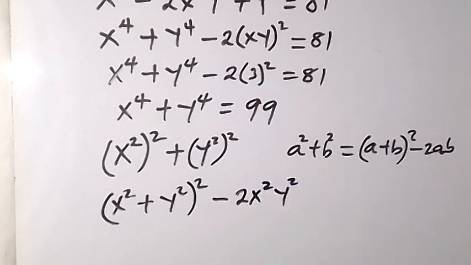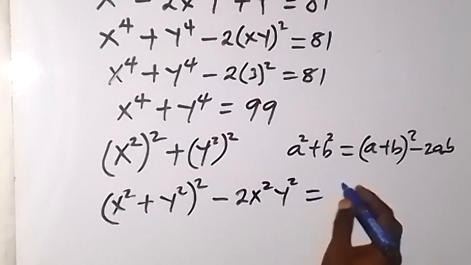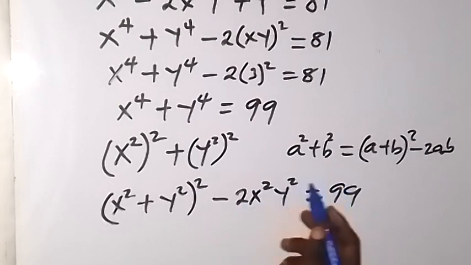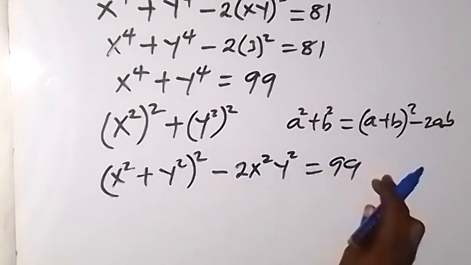And we know that this is 99, from what we have here. This will still give us the same thing as the 18 that we had the other time. That is, this is 2 (xy) all squared, and xy is 3, 3 squared is 9, 9 times 2 is 18. So that's still 18, and minus 18 moves over and becomes plus 18.